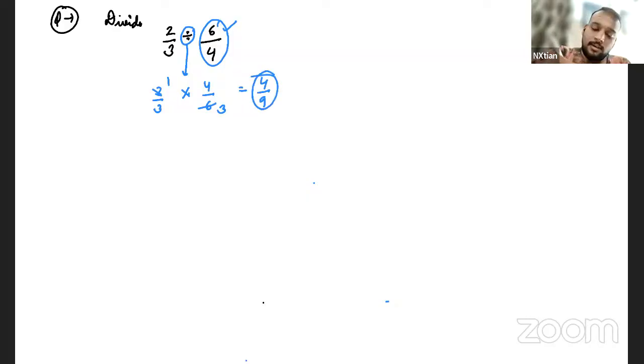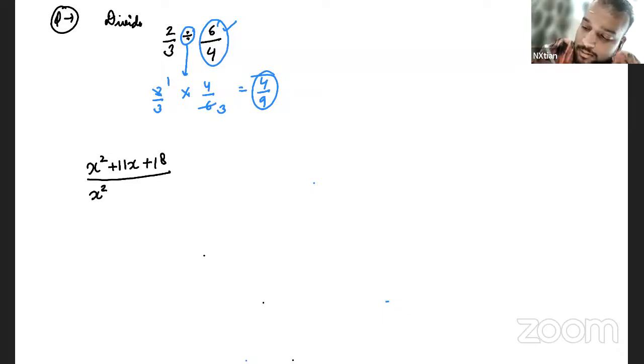In the same way, if the question is like this, x square plus 11x plus 18 divided by x square minus 4x minus 7, and then divide sign is there, x square plus 7x plus 10 divided by x square minus 12x minus 30.